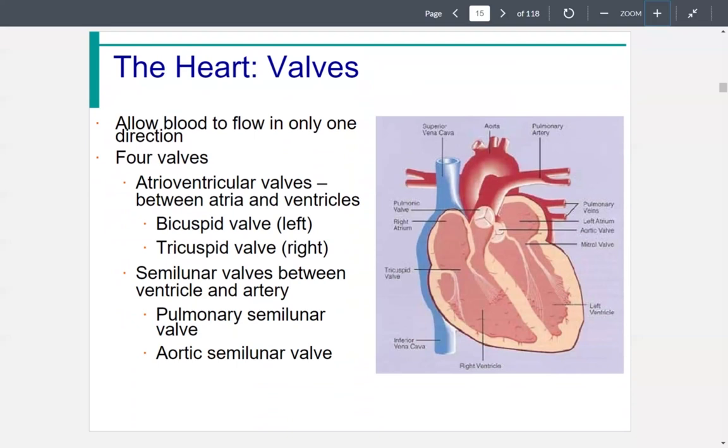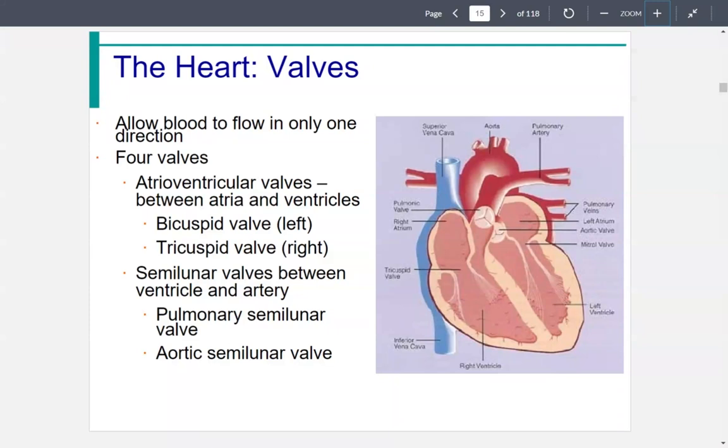The right AV valve is the right atrioventricular valve, also referred to as the tricuspid valve because it has 3 flaps, and it helps make sure that the blood in the right atrium does not move into the right ventricle until it is supposed to, and that blood in the right ventricle does not back up into the right atrium. The left AV valve, or left atrioventricular valve, is referred to as the bicuspid valve because it has 2 flaps and it does the same thing, only on the left.